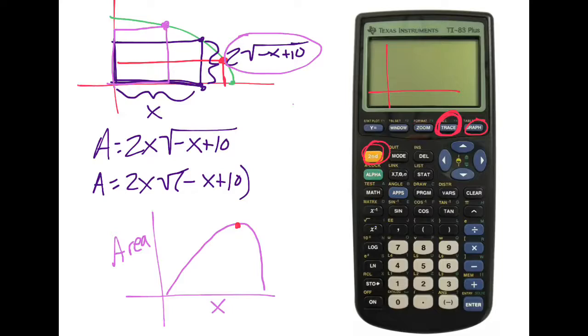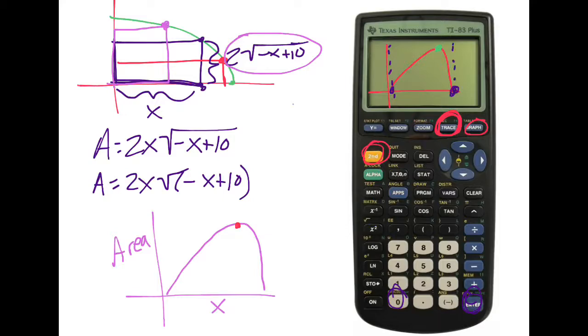So again, we're looking at this graph like that. Now, first thing it's going to say on there is left bound with a question mark. We just want to choose any point that is to the left of that maximum value. We know that 0 is to the left of it, so if you just type in 0 and hit enter, it will choose that as your left boundary. So hit 0, hit enter, and from the algebra we did earlier, we know that 10 is to the right of it.